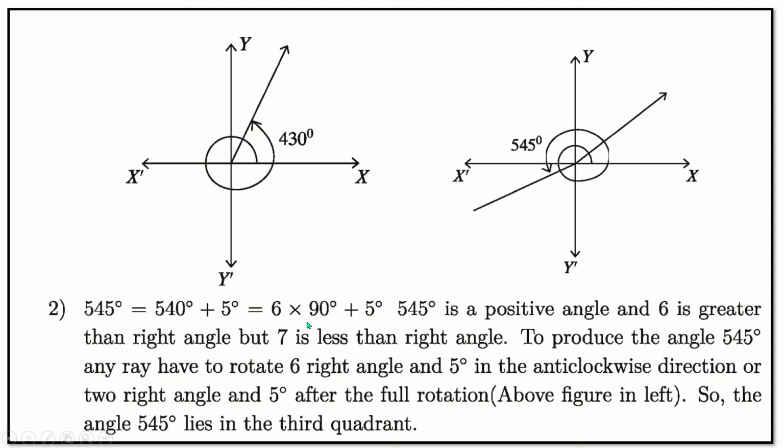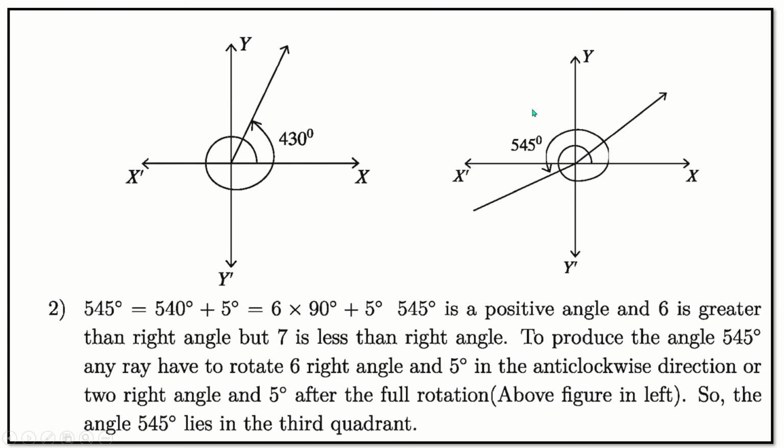That means 6 into 90 degree means fourth quadrant, then fifth, then sixth. Fifth means first quadrant, sixth means second quadrant. That means first quadrant, second quadrant, third quadrant, fourth quadrant. Again first quadrant, again second quadrant. That means 1, 2, 3, 4, 5, 6. That is the sixth quadrant.